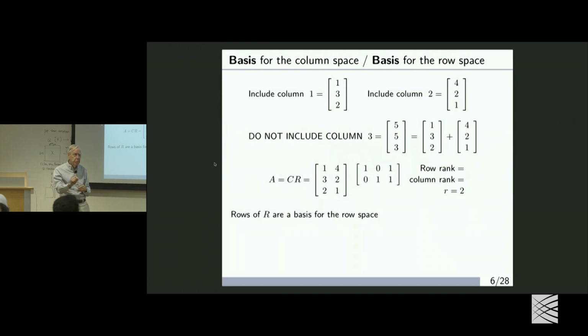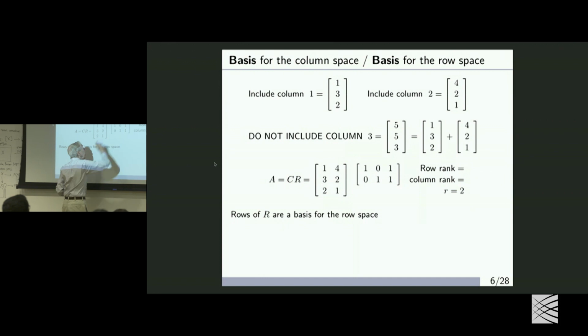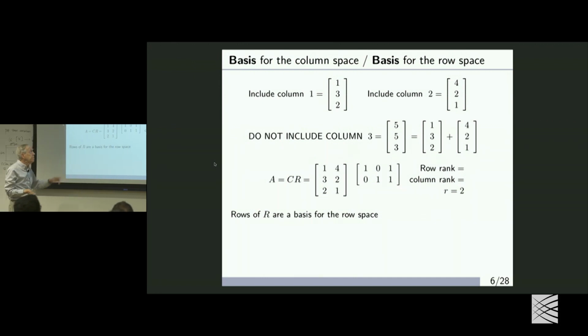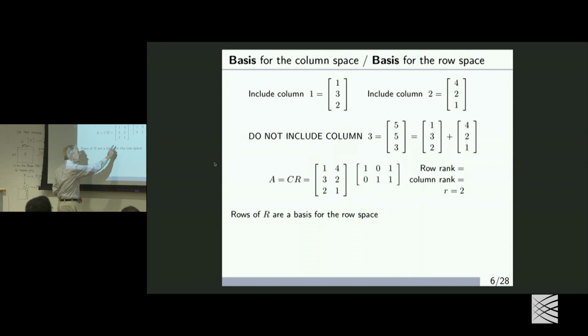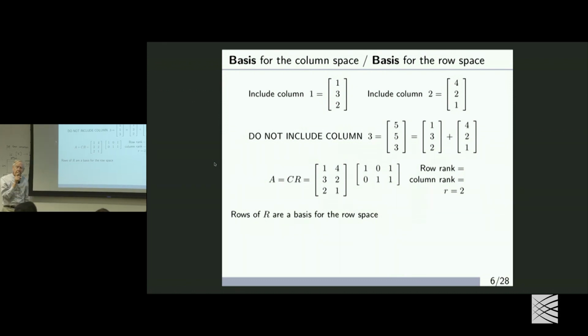Those 2 vectors will be the basis for the column space. And 5, 5, 3 doesn't go into the basis because we already have it. So this leads us to the first neat factorization of a matrix. That will be the thread on which this hour is organized.